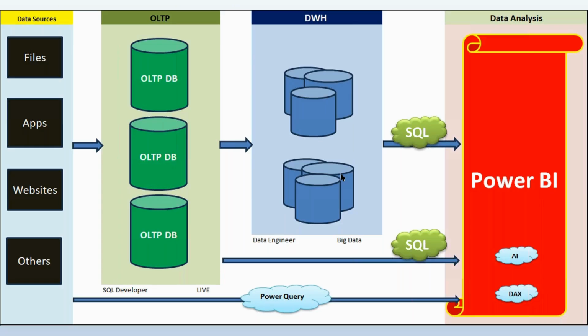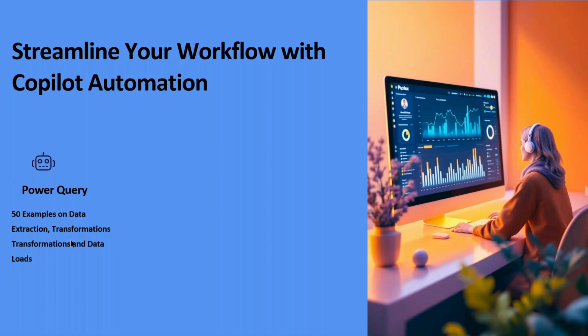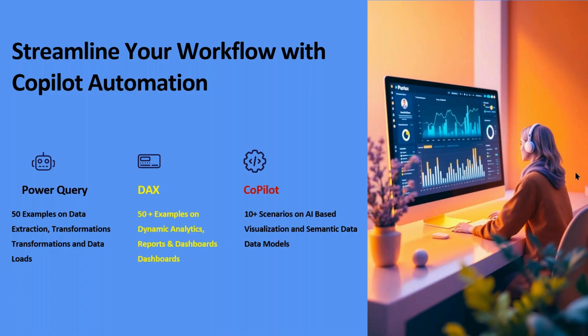About 50 examples. From those 50 examples, you have 3 assignments. DAX, another 50 examples, 4 assignments. And Copilot, this is an optional add-on in case you want to sign up for. Power Query, DAX, part of our regular 4 weeks course, 4 weeks journey.